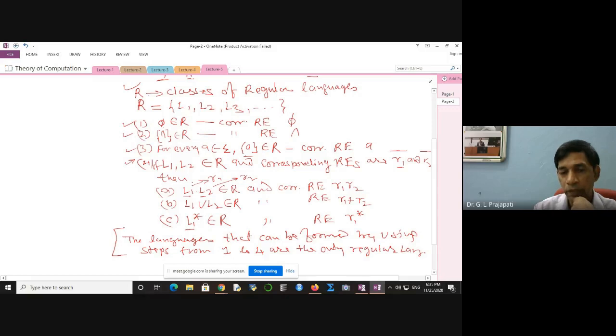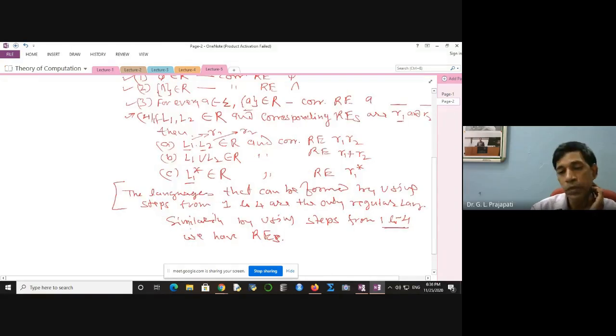So the languages that can be obtained by using steps 1 to 4 are only the regular languages, and similarly the expressions that can be obtained using steps 1 to 4 are only regular expressions.